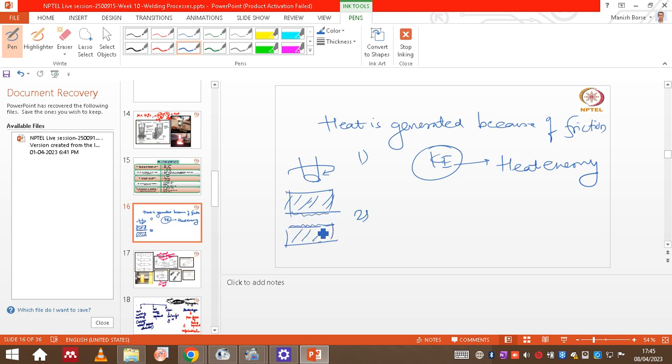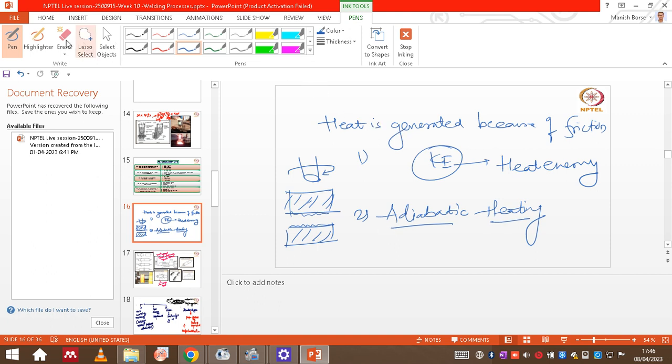Because of mechanical deformation, these asperities, or irregularities, are broken down, or in other words because of breaking of the bond, that energy will be converted again into heat energy, so that source is, we can say, adiabatic heating. Okay, so these are the main sources of heat generation in case of friction based processes, right?